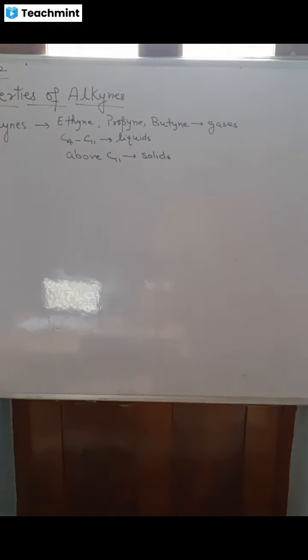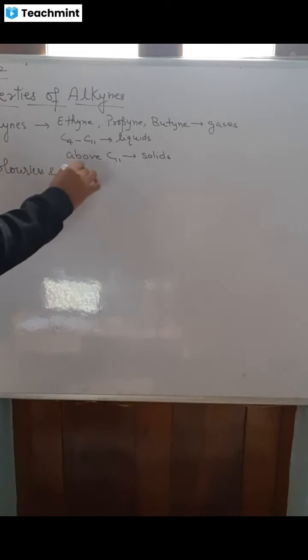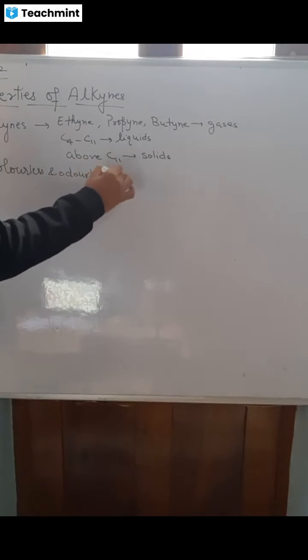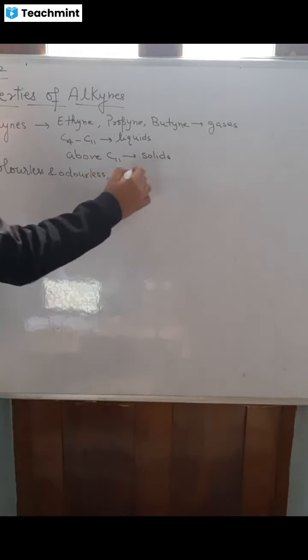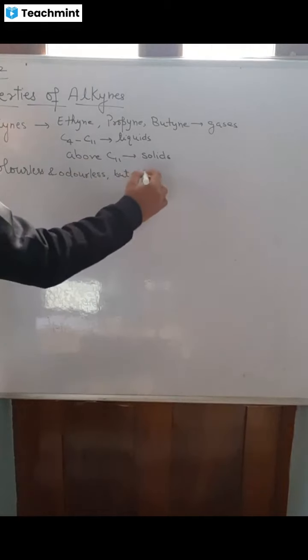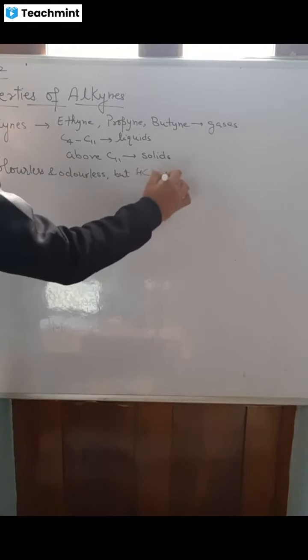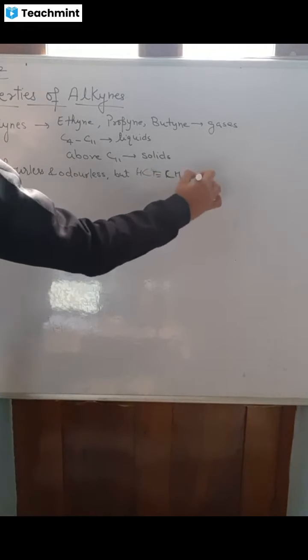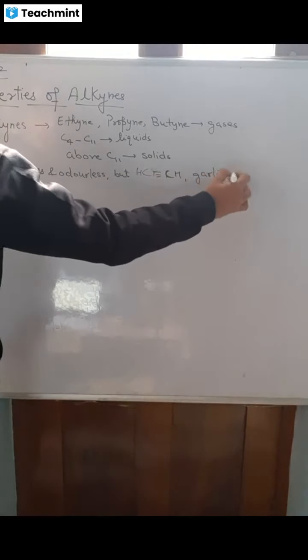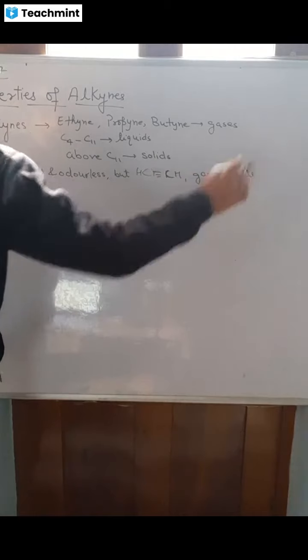Higher alkynes are solid, and all are colorless and odorless. But ethyne or acetylene has a garlic smell. Okay, beta.